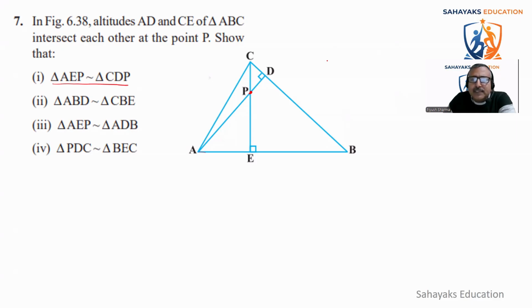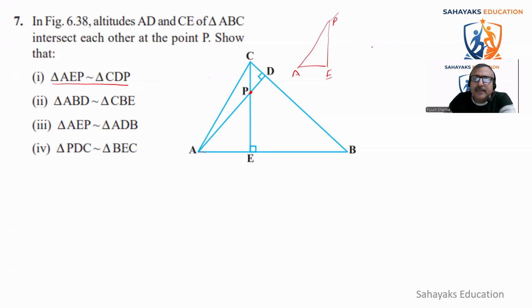So these are four questions, and I want to do it correctly. AEP, with vertices P, E, and A. And CDP, because this is the triangle.